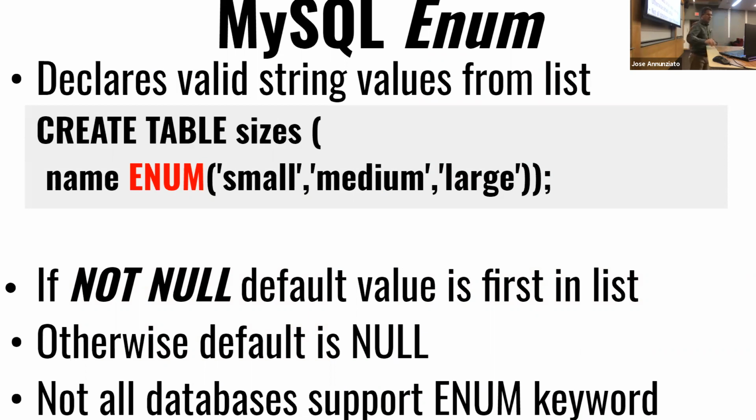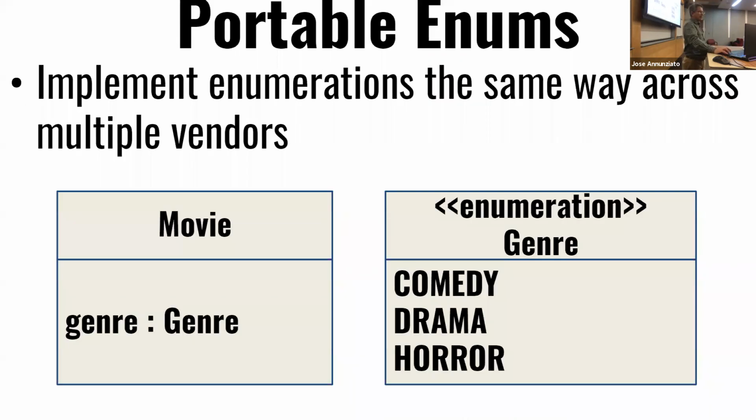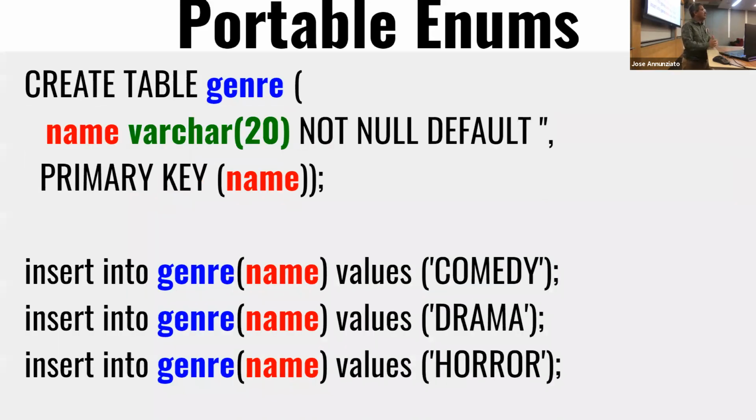So to implement enumerations like this, where you might have a movie with a genre, you have comedy, drama, and horror, to implement it in a portable way, so that you're not tied down to a specific vendor, you would implement it by creating a specific table that lists all the possible values as a primary key.